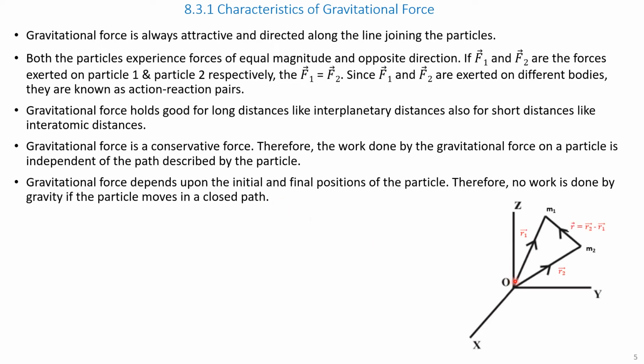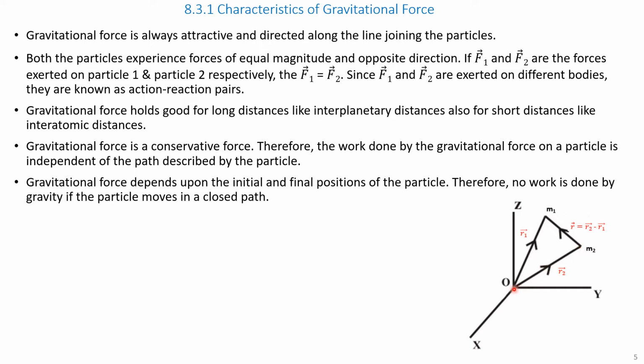Please see the figure here. Draw the figure as shown here. O is the origin, and OX, OY and OZ are three coordinate axes which are mutually perpendicular to one another. A mass M1 is located at a distance R1 as shown in the figure. Similarly, another mass M2 is located at a distance of R2 from the origin.